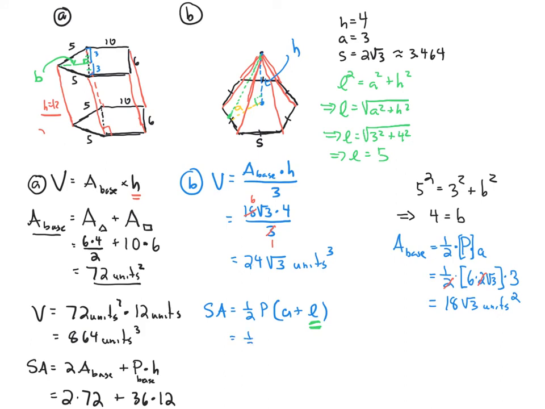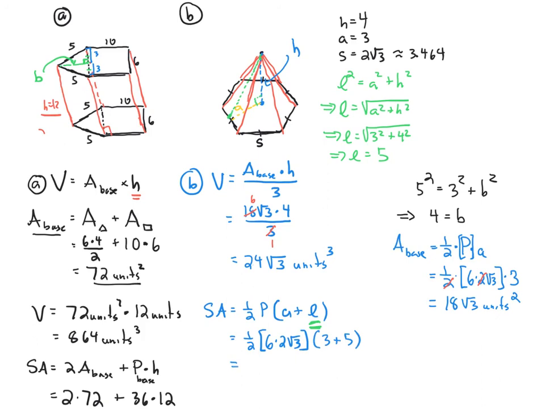So this is 1/2 times the perimeter, which we calculated in the previous thing, is 6 times 2 root 3. Again, just remember, each of these sides I said was length 2 root 3. There's 6 of them in a regular hexagon, so the perimeter is 6 times that side length. And then times A plus L. And A plus L in this case, A is 3, the apothem is 3, and the slant height is 5.